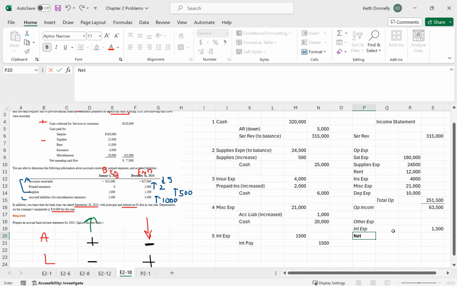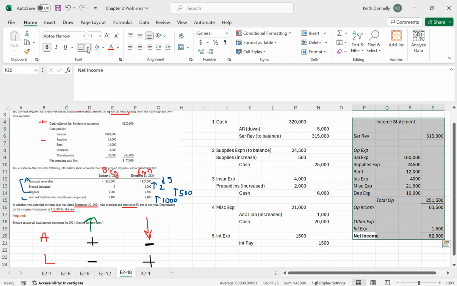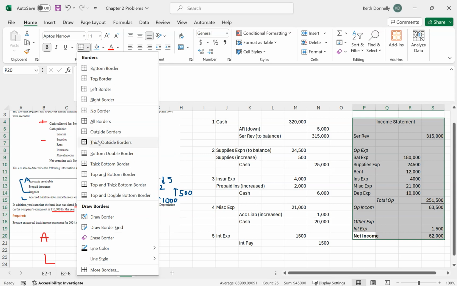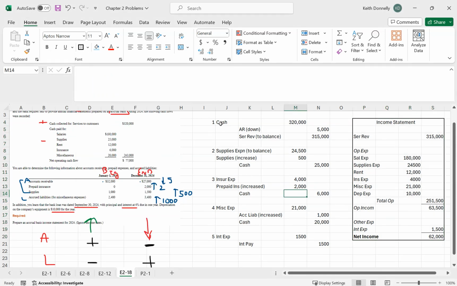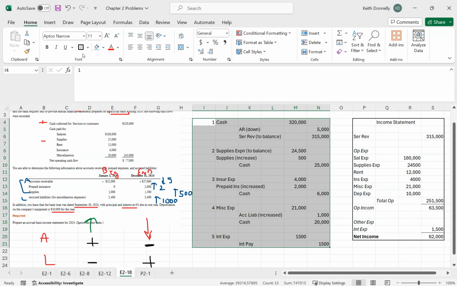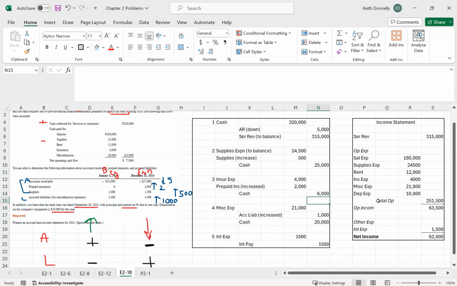That will get us our net income specifically. We'll take our operating income minus that other expense, 62,000. Okay, there we go. So we have our journal entries, and then we have our accrual basis income statement.